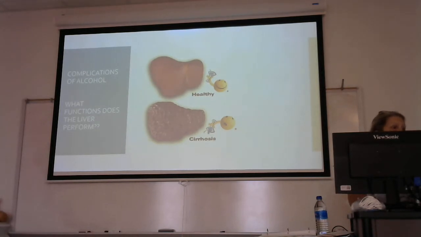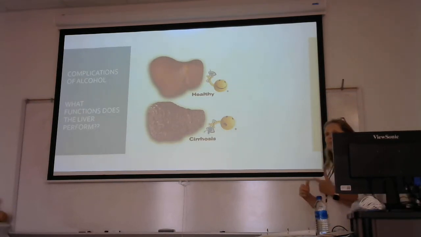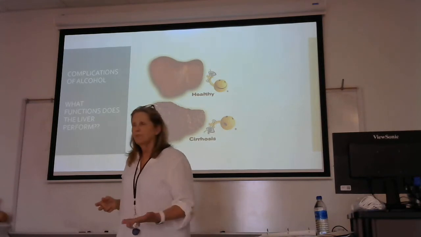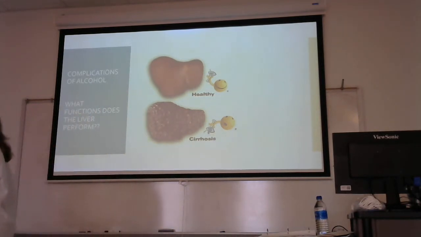What is the job of the liver? Okay, it metabolizes drugs. It cleanses the body of bacteria. It is involved with hemoglobin, hematocrit, red blood cell production. It helps with white cells. It stores a lot of blood for us.